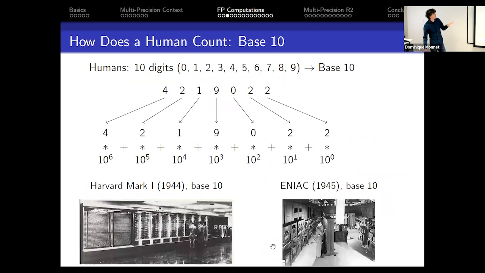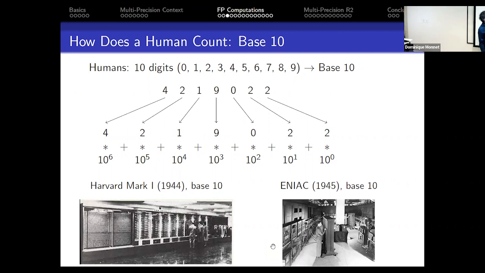We're going to try to understand how numbers are represented in machines, but first let's see how we humans interpret numbers. As humans, we count with 10 digits, from 0 to 9. That is, the base in which we compute is 10. Now, if I look at this number, 4 million something, to me it means something, but what does it tell me?